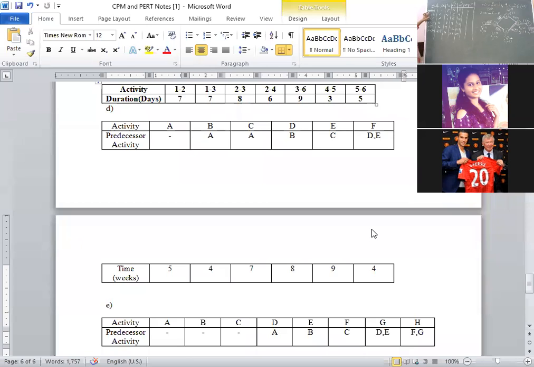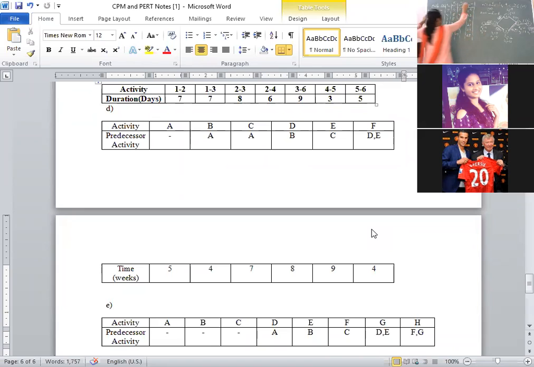Next, we have to compute latest finish time, that is the end node, that is the j value, that is L2. What is the L2 value from the diagram? It is 5. L3 value from the diagram is 13. L4 value from the diagram is 12. L5 value from the diagram is 21. Here also again 21. L6 value is 25.